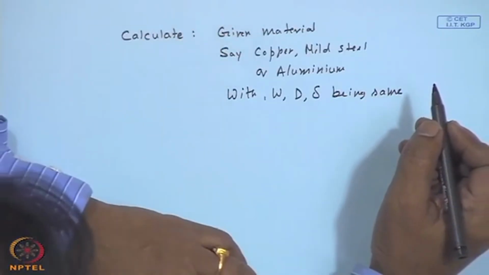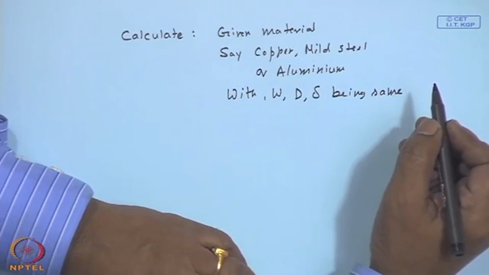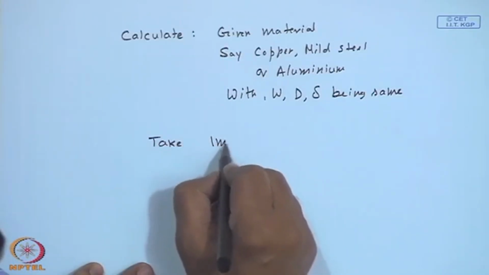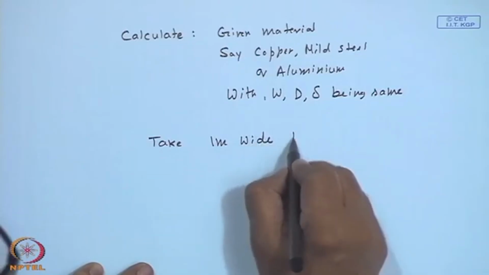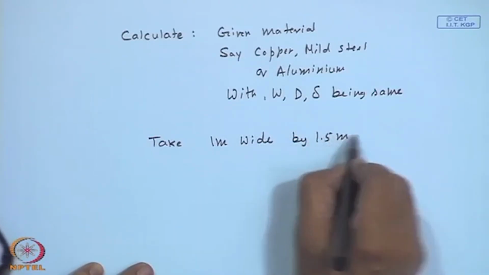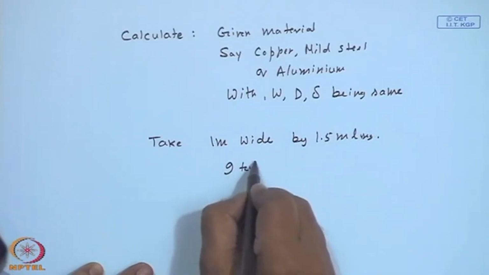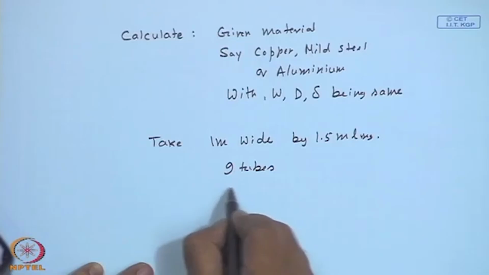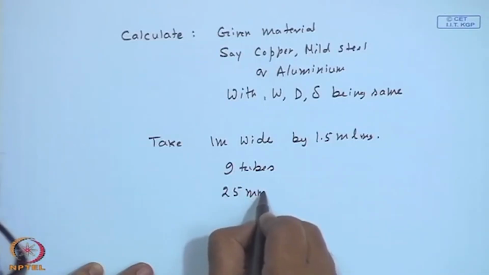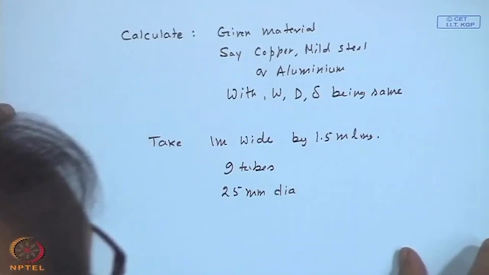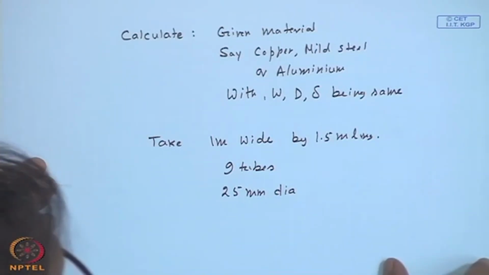Of course, we shall solve the problems. You can typically take 1 meter wide by 1.5 meters long, and 9 tubes, let us say 25 mm diameter. Accordingly you find out what the number of tubes should be, approximately 9. W and D, everything is given. So for that you can compare which one is better.